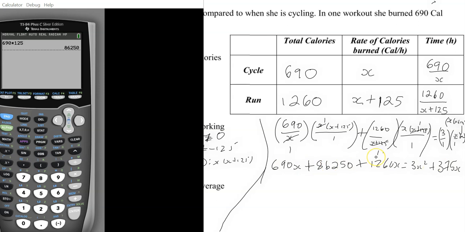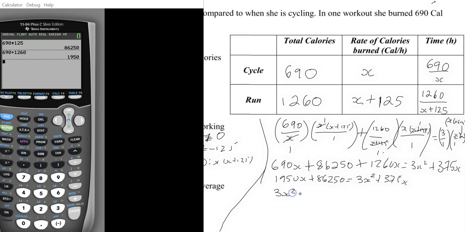Let's collect these terms while we're at it. 690 plus 1260 is 1950, so 1950x plus 86,250 equals 3x squared plus 375x.